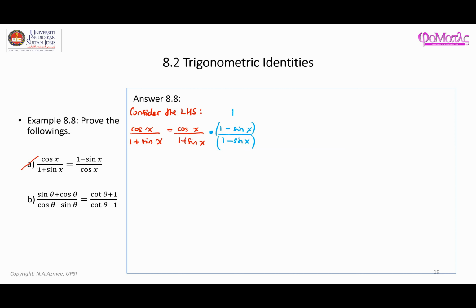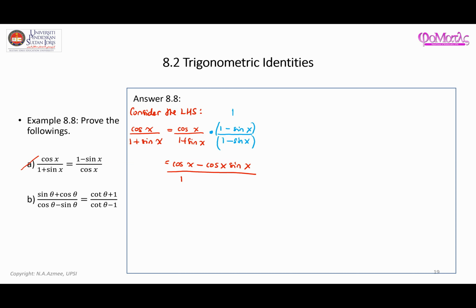Now I'm going to continue with this. I'm going to multiply, so cosine of x times 1 will be cosine of x. Cosine of x times negative sine of x will be negative cosine of x sine of x, and over here I will have 1 times 1 will be 1. Now 1 times negative sine x will be negative sine x and the other sine x term will cancel out, so I'm not going to write it down.